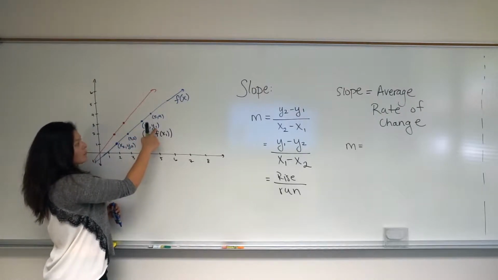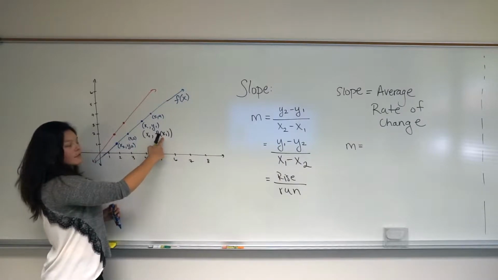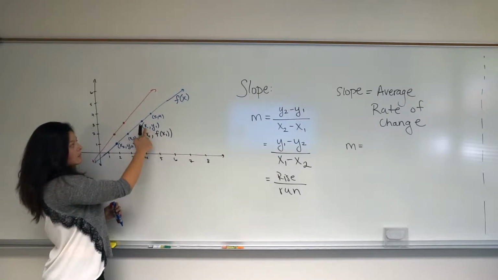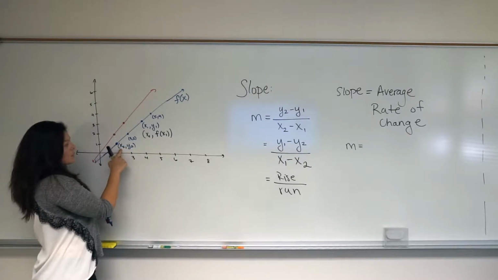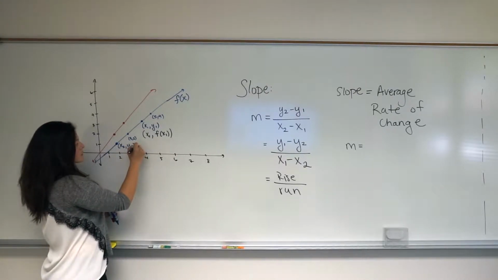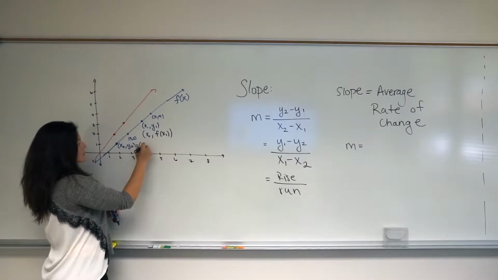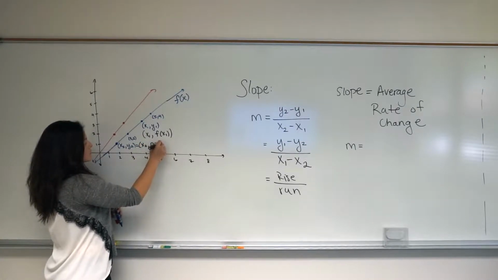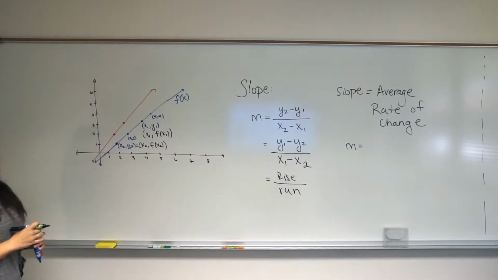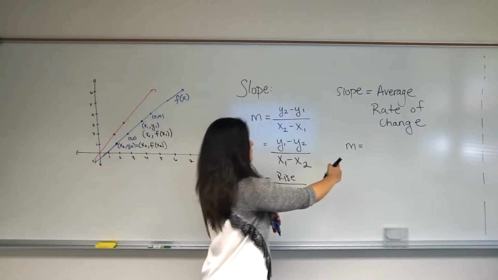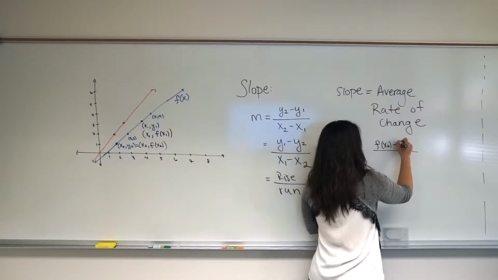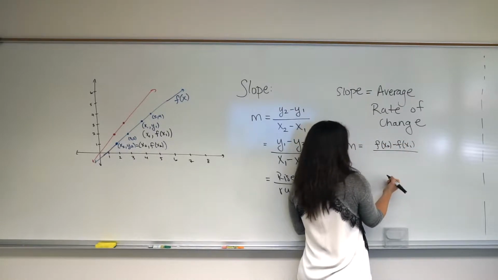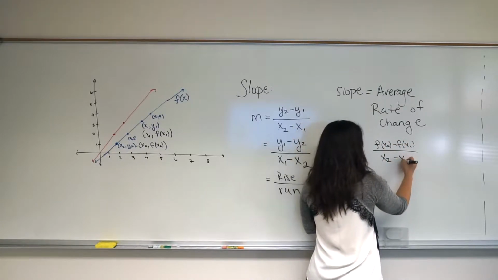So this second component can also be represented as f of x1 if this first component here is x1. Similarly, for this point here, I can write this as x2, f of x2. So that means that my slope I can write as f of x2 minus f of x1 divided by x2 minus x1.